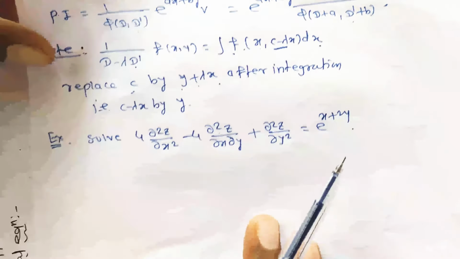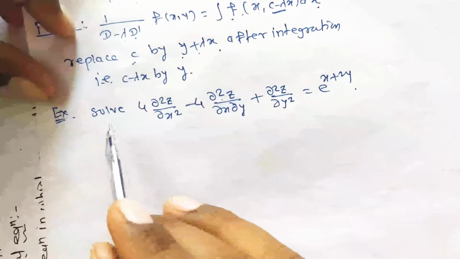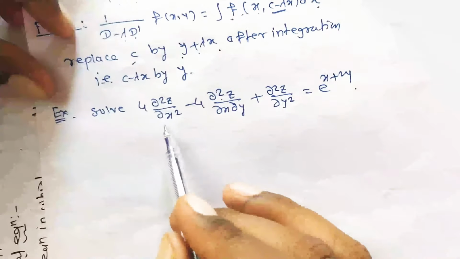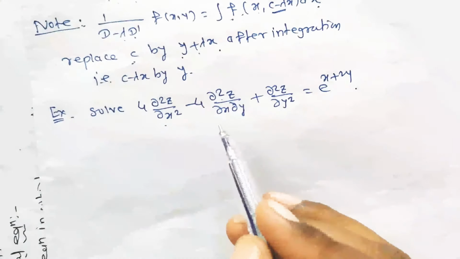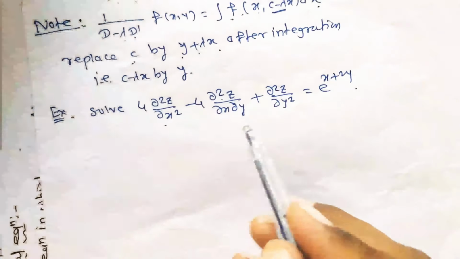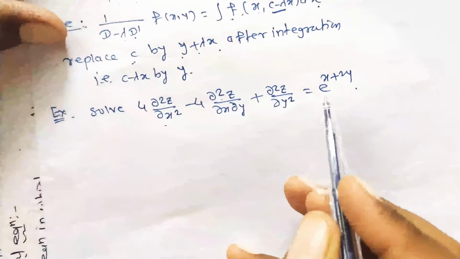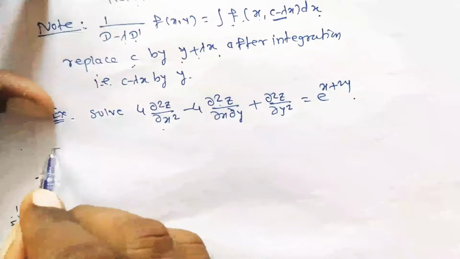Okay, so we will take one problem on this and solve. 4 into ∂²z/∂x² minus 4 into ∂²z/∂x∂y plus ∂²z/∂y² is equal to e to the power x plus 2y. So how do we solve this problem here?